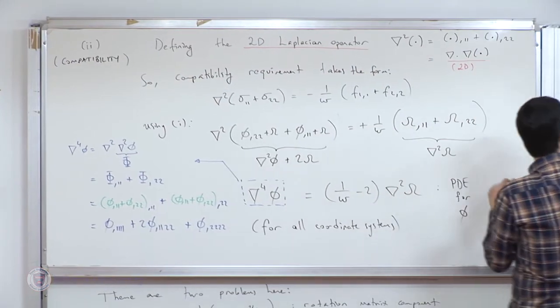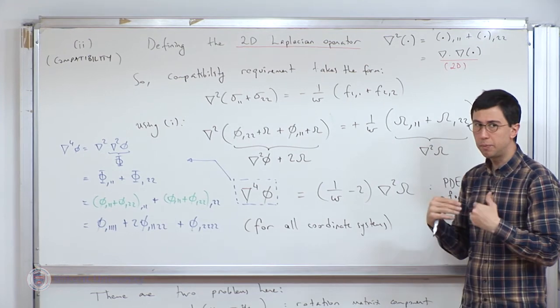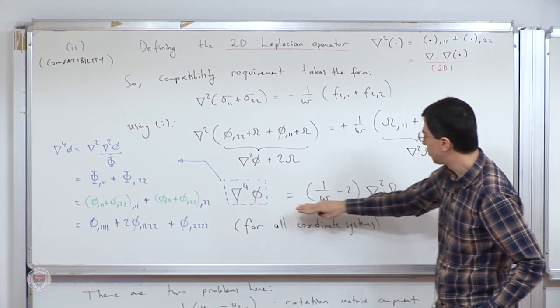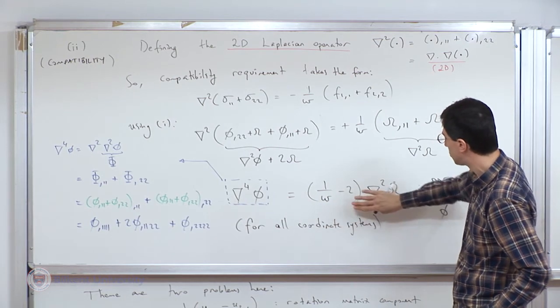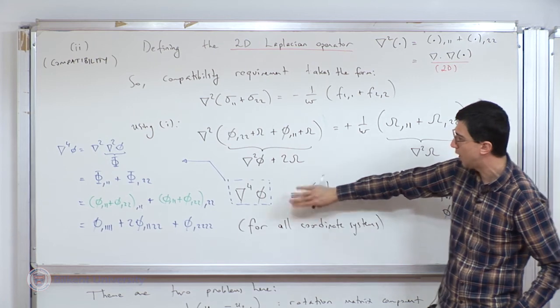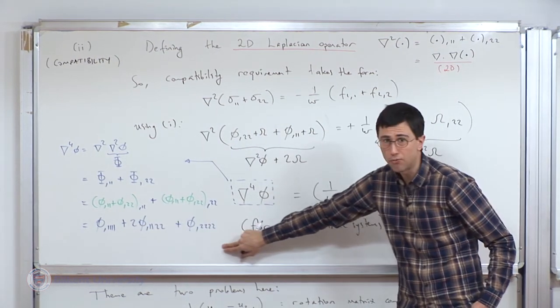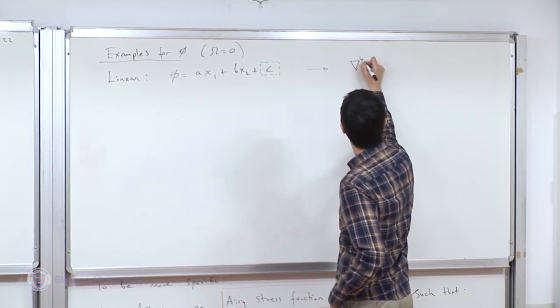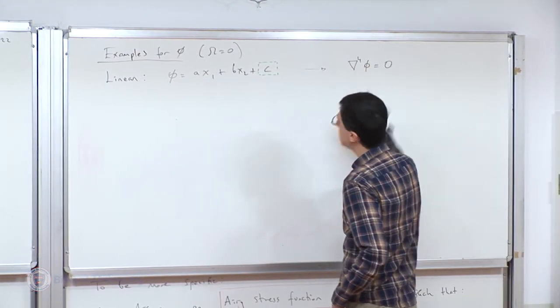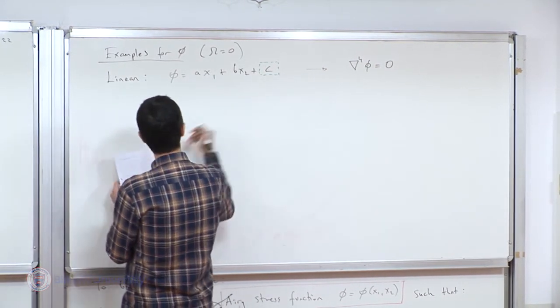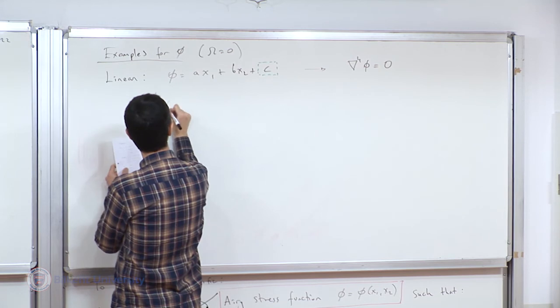Right? So that is the form that I propose. The second step is to enforce compatibility. So I assume that the body force is equal to 0. So if the body force is equal to 0, the compatibility requirement is gradient to the power of 4 of phi is equal to 0. And that requires taking 4 derivatives. I have a linear function, which means that this form from the outset satisfies it. I don't need to do anything. All right? Now, perhaps, of course, it is too simple.